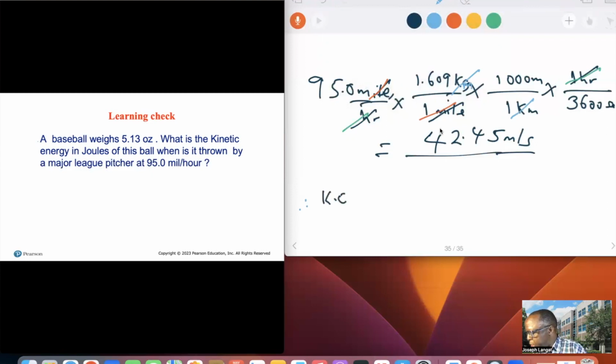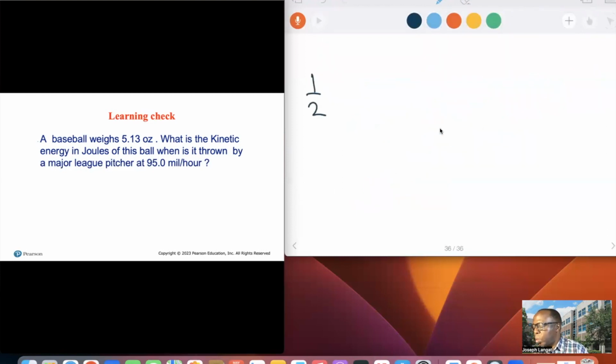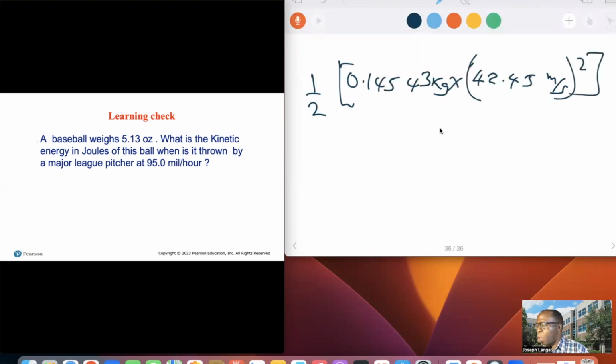So now, therefore, kinetic energy equals one half times 0.1454 kg times 42 squared, and this equals 131 joules.